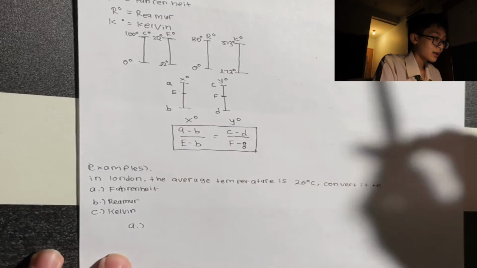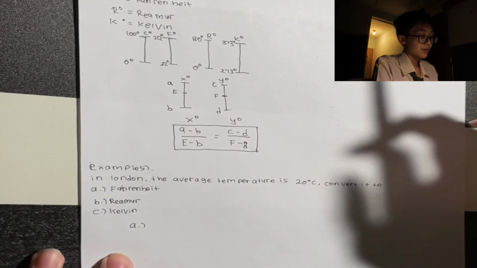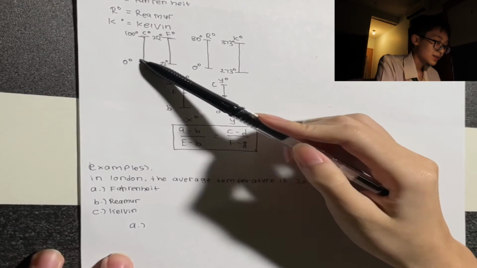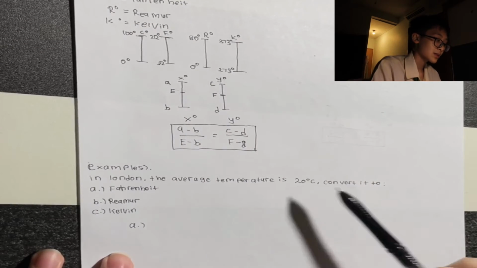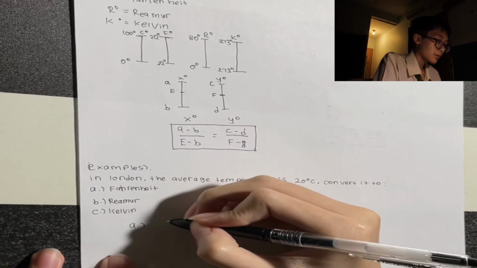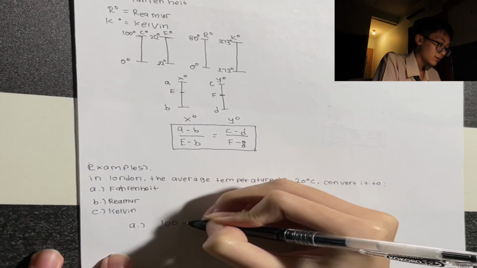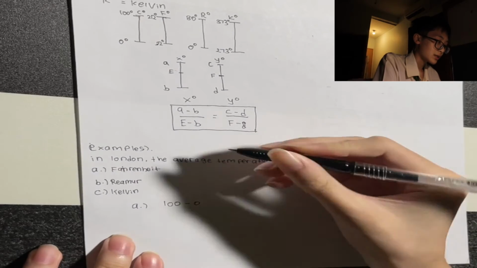We look at the first temperature, which is Celsius. Boiling point of Celsius is 100 degrees. Freezing point is 0 degrees.